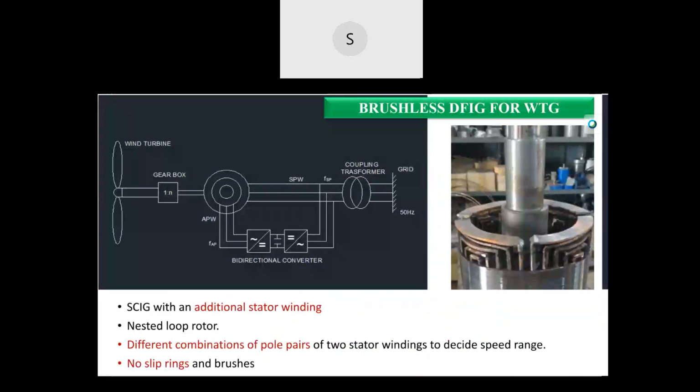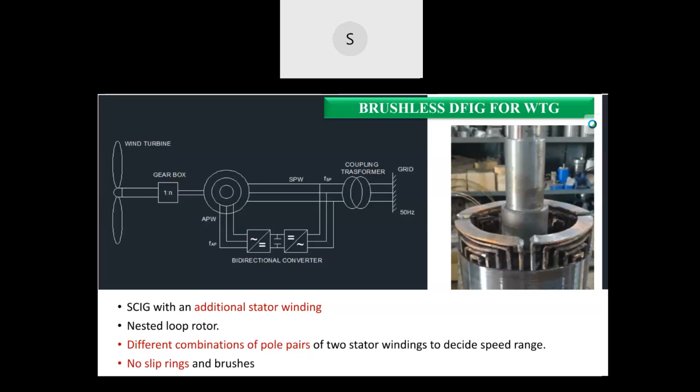Recently there is a development in DFIG, that is brushless DFIG. Some research work was done one or two years back at the university itself. The major disadvantage of the slip ring machine is that it needs slip rings and brushes. The wind power plant is totally unmanned, fully automated, operating with SCADA.